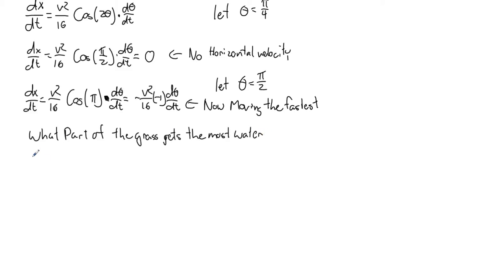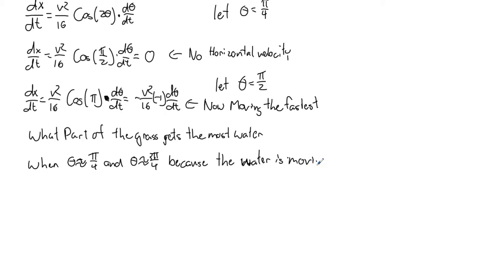It gets the most water when theta is approximately equal to pi over 4, and theta is approximately equal to 3 pi over 4, because the water is moving horizontally the slowest in this area. Therefore, it gets wetter.